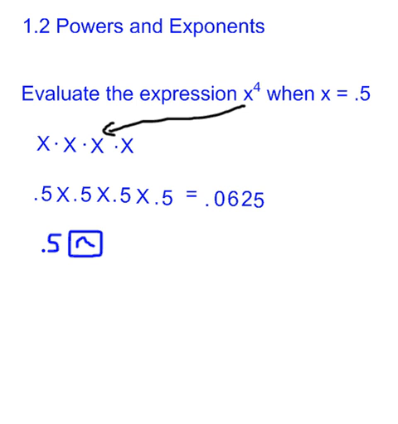So on your calculator, you would punch in 0.5, and then this button, I usually call it the "to the" button, and then here you would enter 4 for the fourth power. And then you could hit equals, and it would give you the answer.